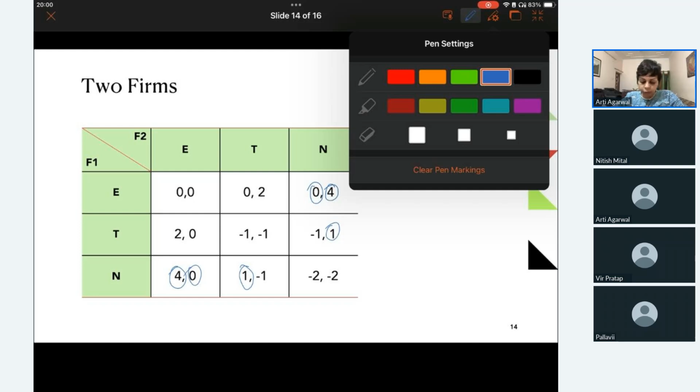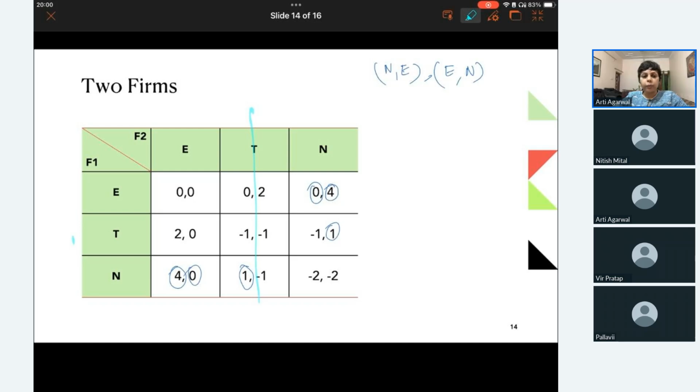Now you can see that the strategy T is not going to be played by anybody, right? T is weakly dominated because in no scenario is T giving a higher payoff than E or N, right? It's weakly dominated by a combination of E and N. So the strategy T can be eliminated for both F1 and F2, right? In no scenario in the game, if you look at the mixed strategy game, is T giving a higher payoff.